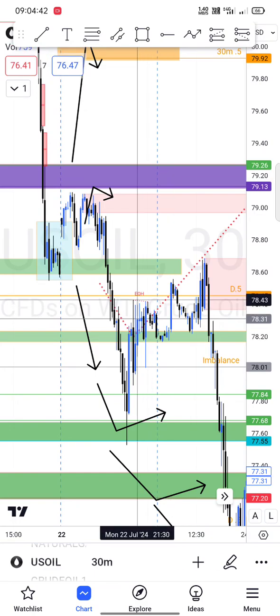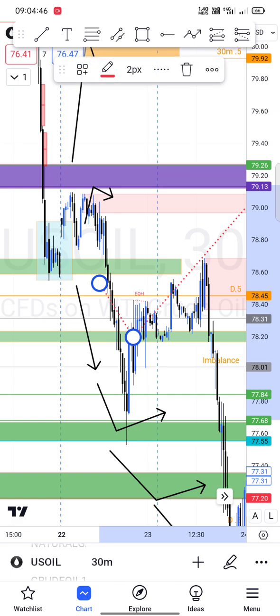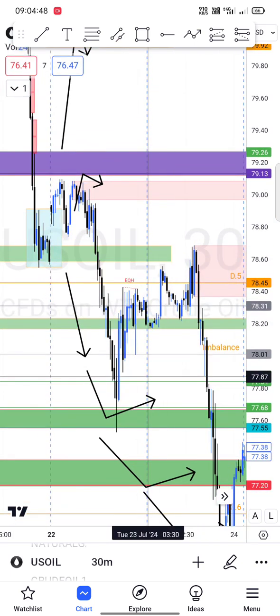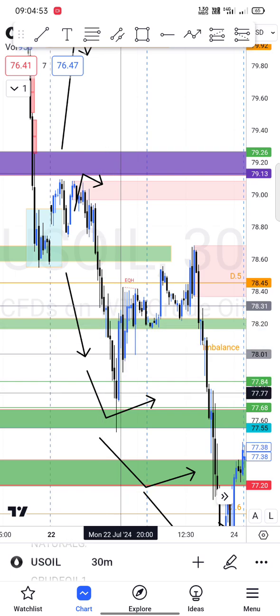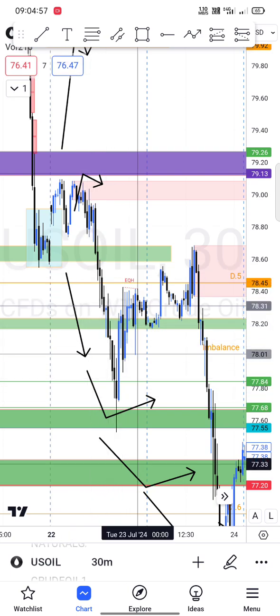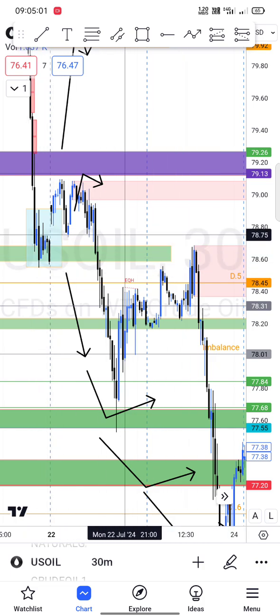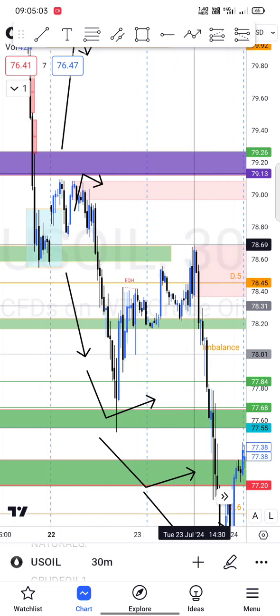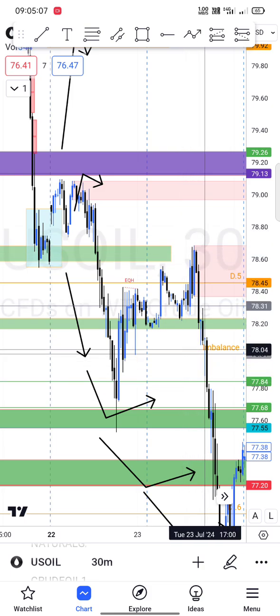So if the low breaks, our first target is this one and the next target is this. As per our prediction, the market hit the first two targets and took a retest, and you can see the previous support here working as resistance and also down.